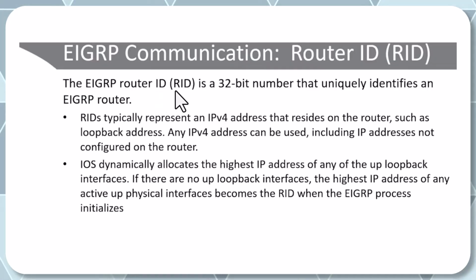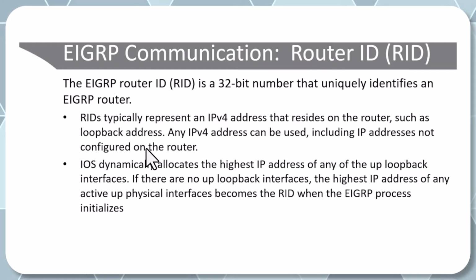The EIGRP router ID is a 32-bit number that uniquely identifies an EIGRP router. So the router ID is basically the identification of a router in the system. The RID typically represents an IPv4 address that resides on the router, such as a loopback address.